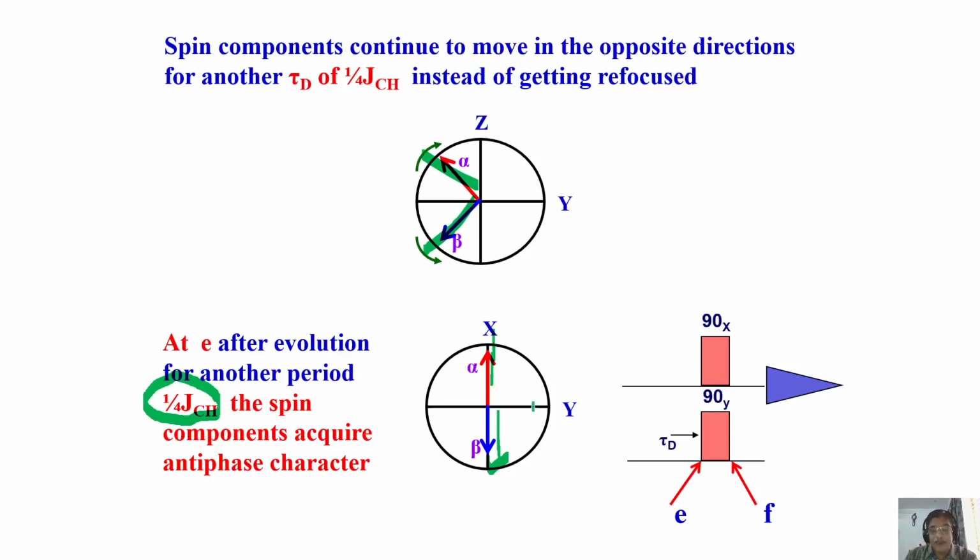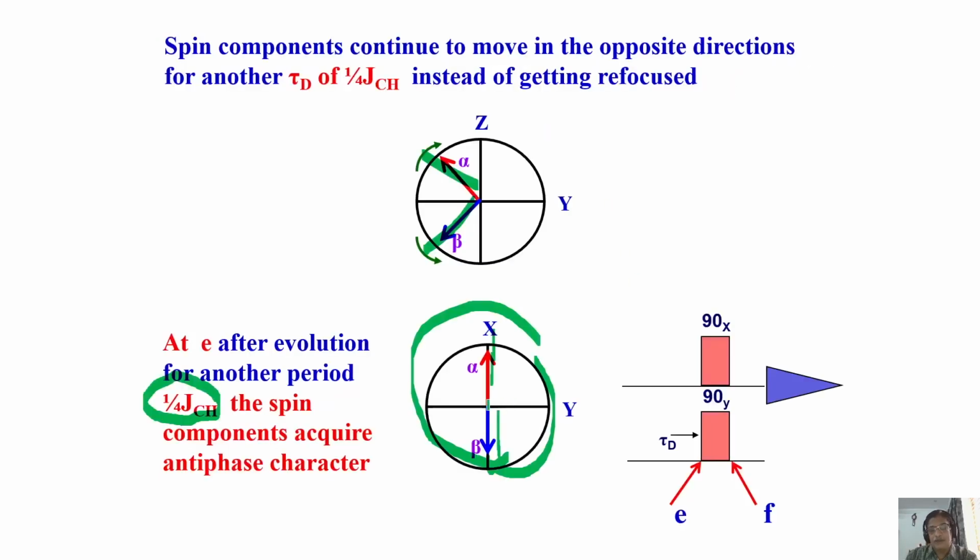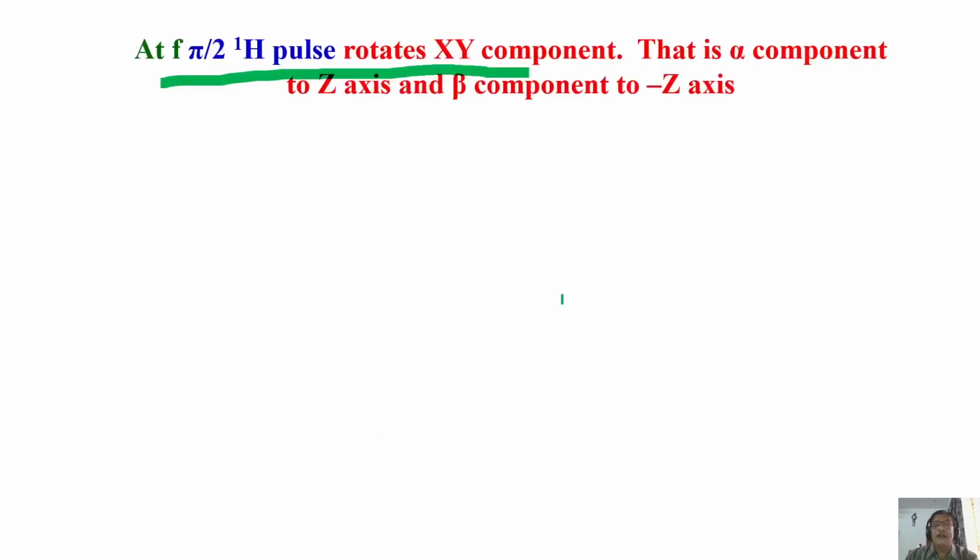Now at this point, immediately when they are at this antiphase position, we do two things. We apply a pi by 2 pulse on proton. What is going to happen now? They start rotating. Those magnetizations, which were the XY component, rotate: alpha component to the Z axis and beta component to minus Z axis.